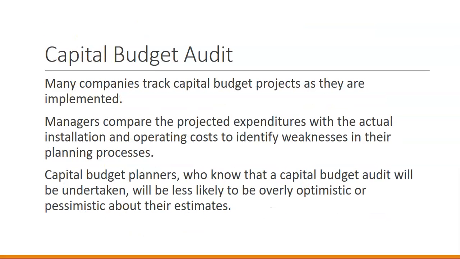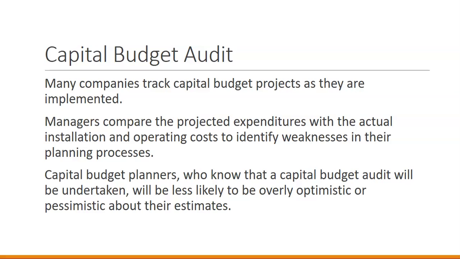At the end of a capital budgeting project, we would have an audit, and we generally keep track of them as they're being implemented. So we look at percentage of completion as it's going through, the projected expenditures versus the current cash flows that are coming in.